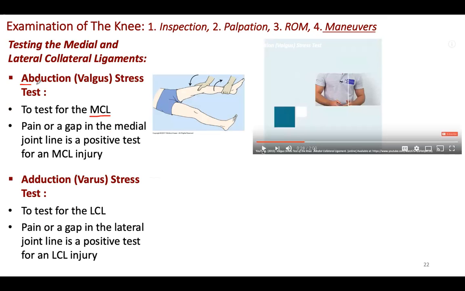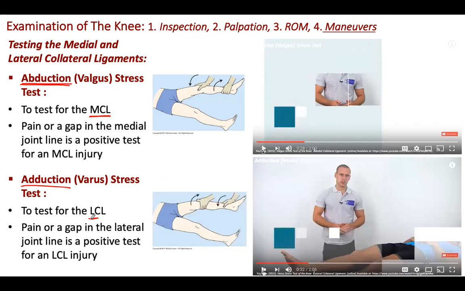Taking the limb away from the midline. Abduction, taking it away, it stresses the medial collateral. Adduction, bringing the limb towards the midline, it stresses the lateral collateral. So test for collateral, the opposite of the name. Abduction for the medial, adduction for the lateral.